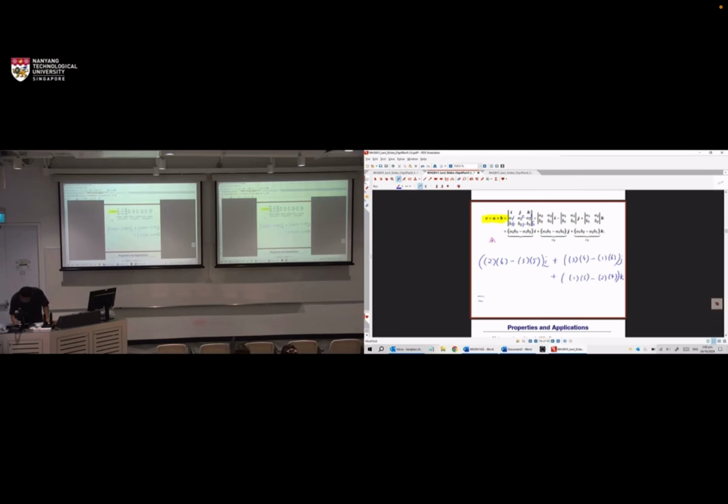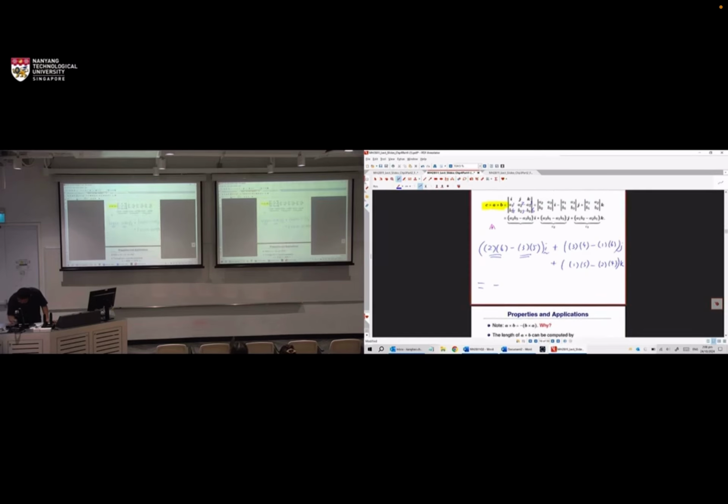This one will be 2 times 6 is 12, 12 minus 15 is minus 3. Plus 3 times 4 is 12, minus 6, so it's 6J, plus 5 minus 8, so it's minus 3K.